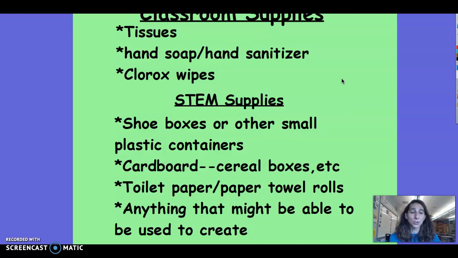Think of any recycled materials we can be using. We use cardboard a lot. Toilet paper and paper towel rolls are great. We often use the caps of water bottles. They make great wheels. So think anything that might be able to be used to create something. Keep that in mind if you collect some recycled materials, or just don't throw things away and clean them out and send them in.